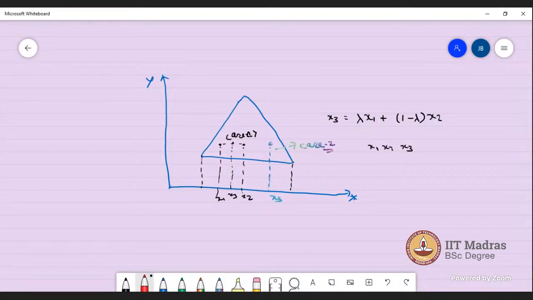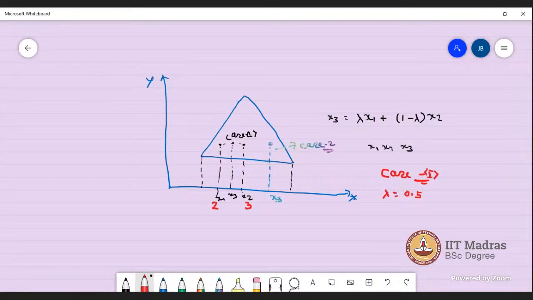Let's discuss case 1. We will take some values: x1 should be 2, x2 should be 3. So in the first case, what would be our x3 value? We are taking the lambda value as 0.5, just less than 1 according to the definition.